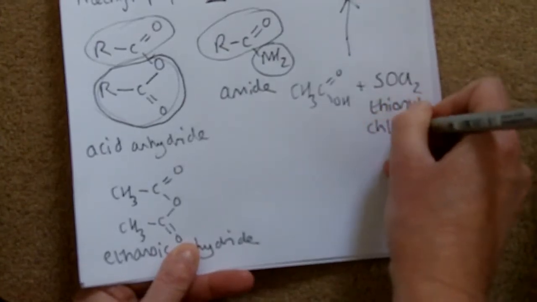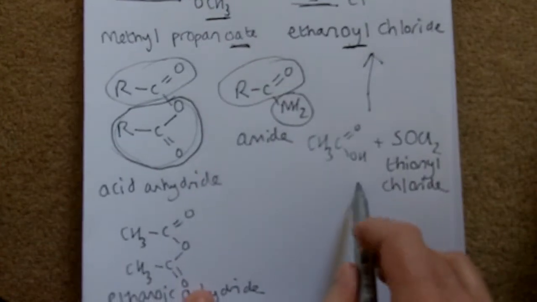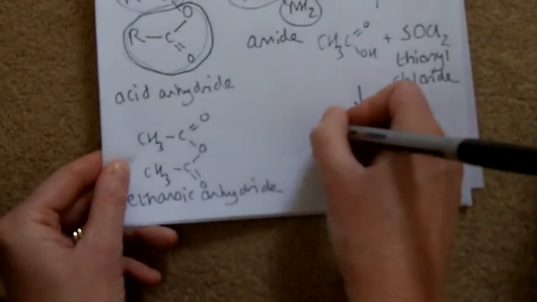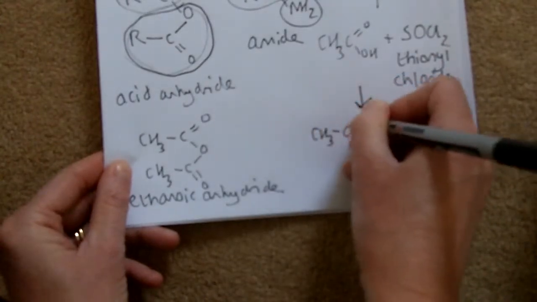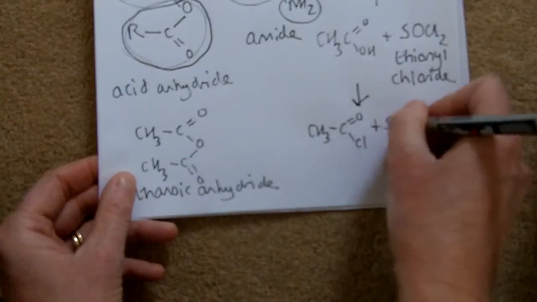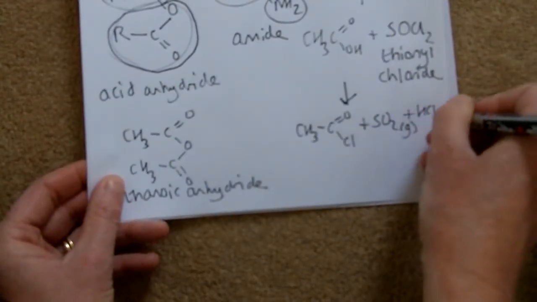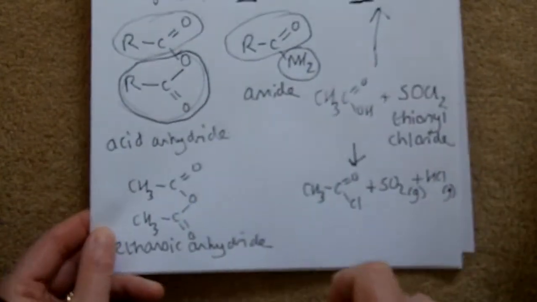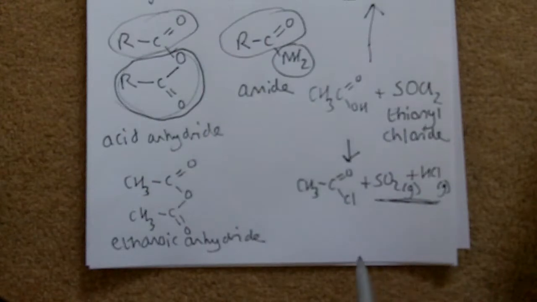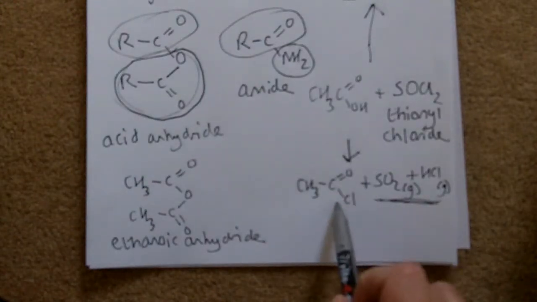Be careful with your spelling. You react those 2 together and it makes an acid chloride, the ethanoyl chloride. You need to know this reaction. And also gaseous sulfur dioxide, and also gaseous hydrogen chloride. So you've got to do this in a fume cupboard. You're making some poisonous gases there. That's how you make an acid chloride.